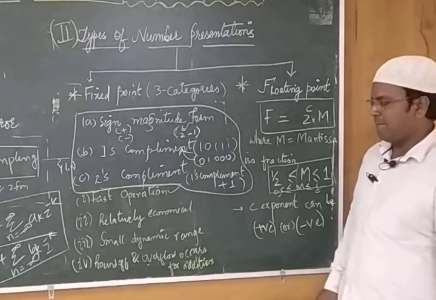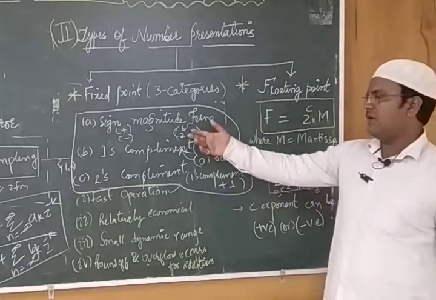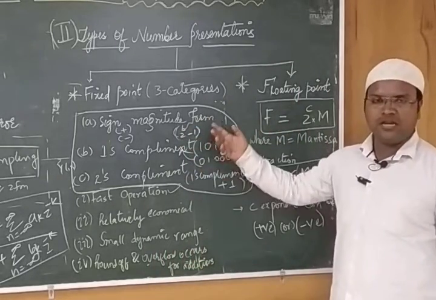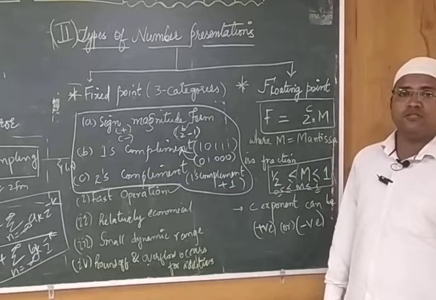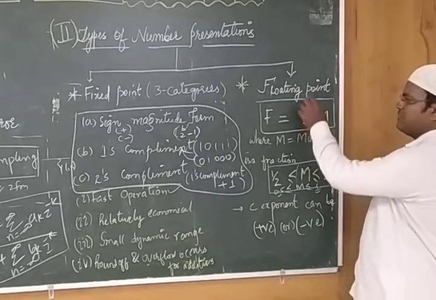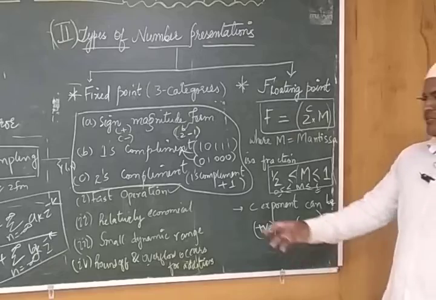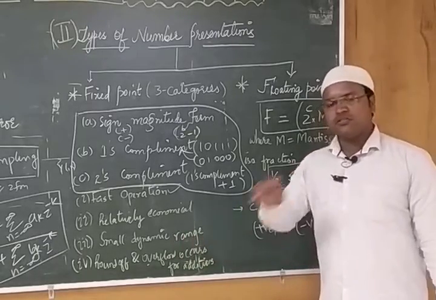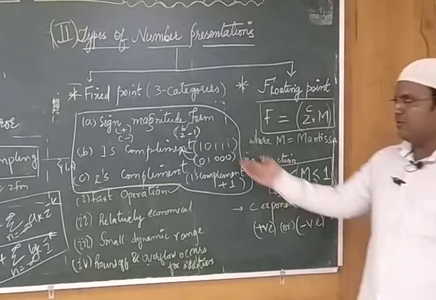And in fixed point the dynamic range is small. Why is it very small? Because directly we are putting into one number, and as per that number you get the range. Dynamic means the values that are going to change. So here it is small, whereas in floating point, because of these factors, n number of data can be handled. That's the reason the dynamic range in floating point is somewhat larger as compared to fixed point.